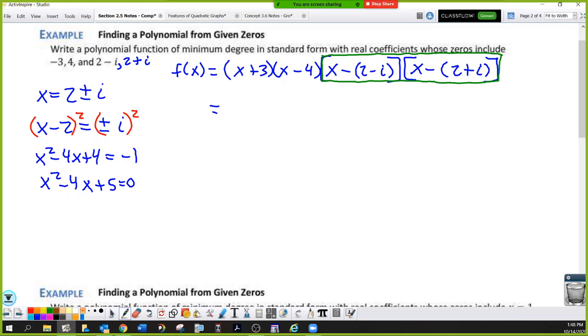Now the first two, x plus 3 and x minus 4, again, I'm hoping we can all factor. Foil, of course I hope we all can factor too, but foil. And that's going to give us x squared minus x minus 12. The green rectangle we just found out is x squared minus 4x plus 5.